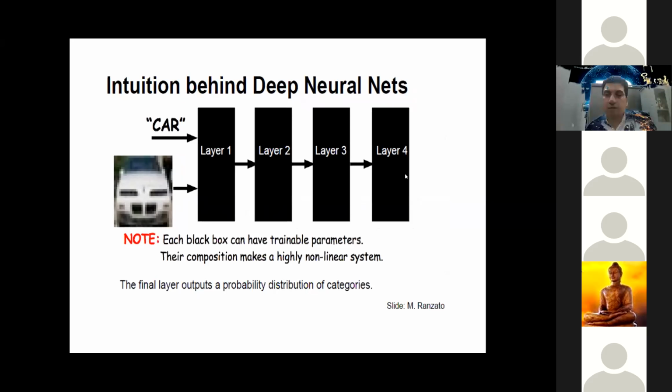In the multi-layer perceptron we showed layers, where each layer has some kind of significance. Each block can be a trainable model whose compositions make it a highly non-linear system.